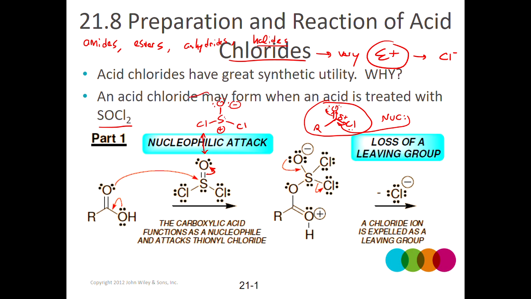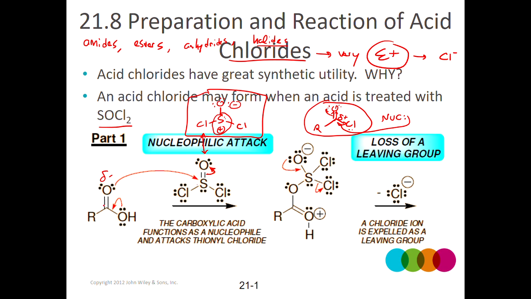So this is actually the major contributor because of the ineffective orbital overlap between the sulfur and the oxygen, given that they're in different energy levels, or their p orbitals are in different energy levels. So the fact that this is a major contributor to the resonance means the sulfur carries a very large amount of positive. So that is a very electrophilic sulfur. And this oxygen here has a large partial negative.